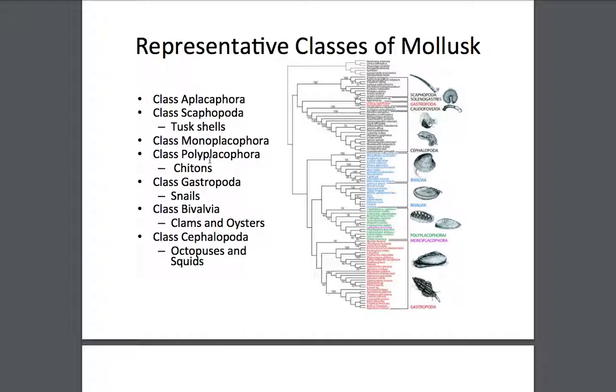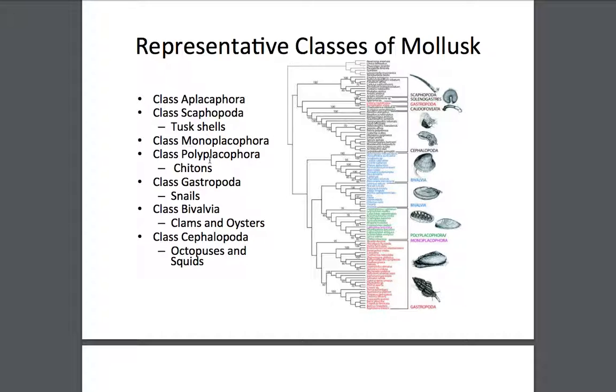The monoplacophoran specimen here actually sits within the polyplacophorans. So even though we're still using monoplacophora as a class, it appears monoplacophorans are just a specialized kind of polyplacophoran whose shells have all fused together. I know.